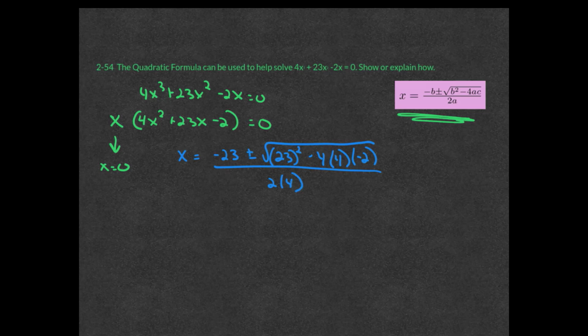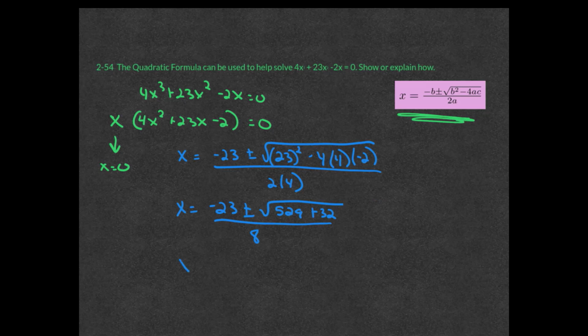Okay, let's break that down a little farther. So when I do the math underneath the radical, we end up with a negative 23 plus or minus the square root of 529 plus 32, and then it's all over 8.